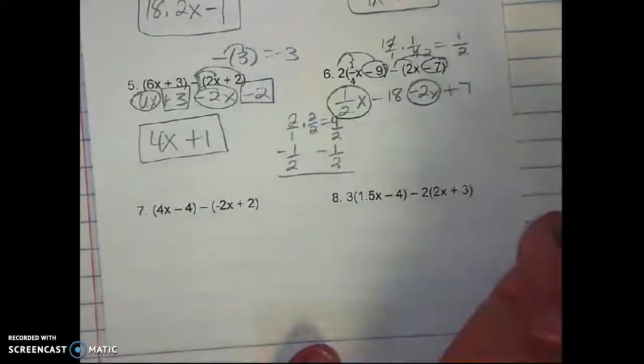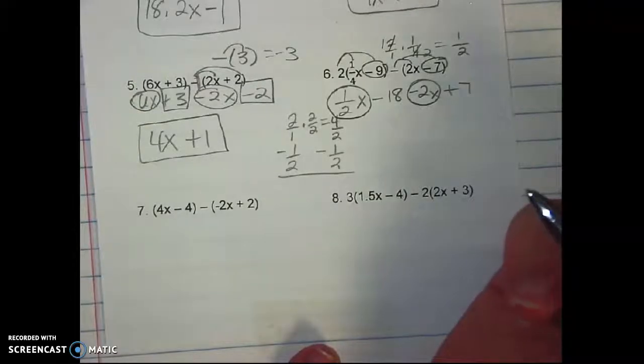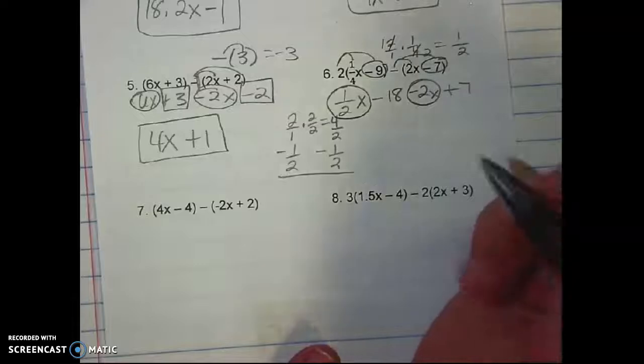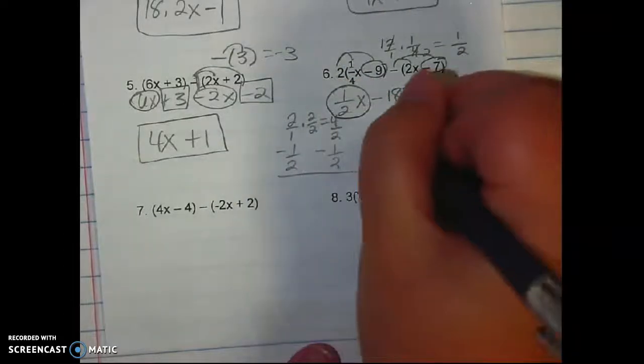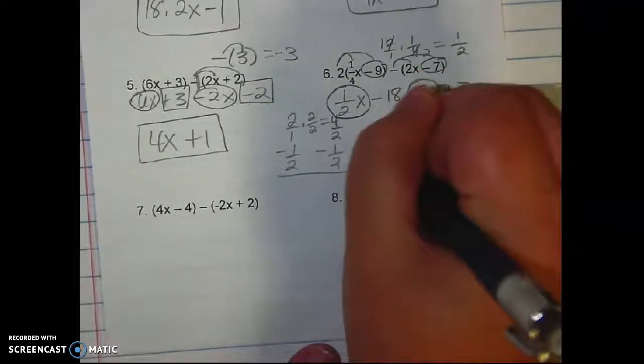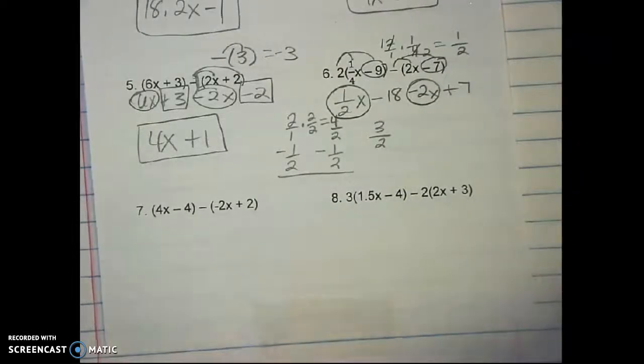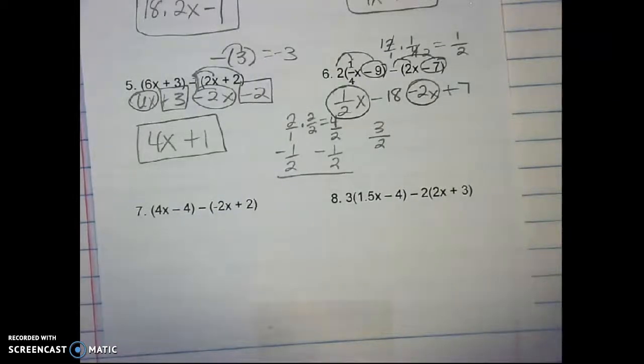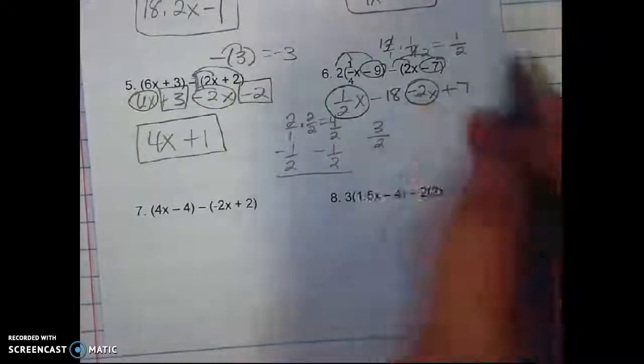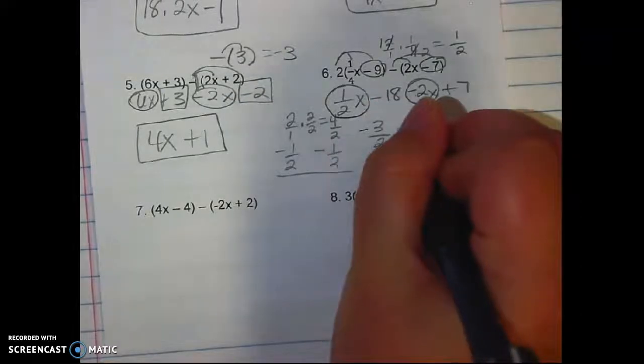Minus 1/2. Keep your denominator. Subtract your numerator. 4 minus 2 is 3 over 2. My integer rules say different signs subtract, keep the sign of the bigger number. So I have subtracted. Now I look for my sign. My bigger number is negative, so that is negative 3/2.